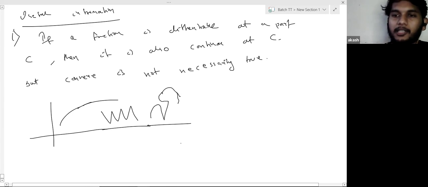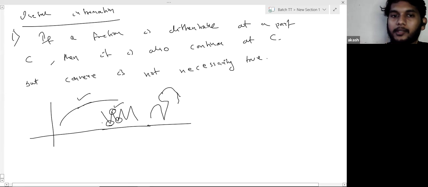But what differentiability checks is the smoothness of the graph. This is a very smooth graph, so this is differentiable. But you can see at this point, this point, this point, there are sharp corners, corner points. So this is not very smooth.